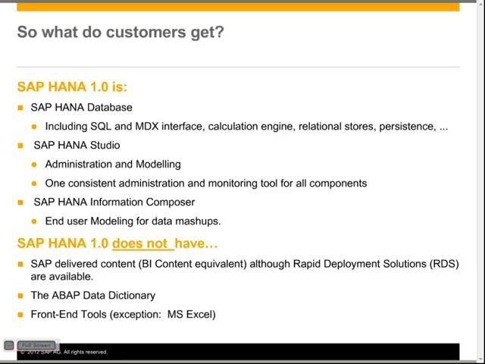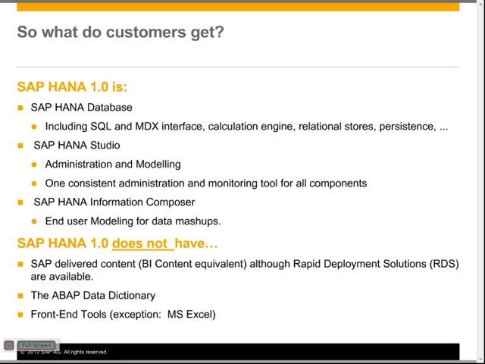So what does it not have? Well, it doesn't have any content. It doesn't have any SAP delivered content, although rapid deployment solutions are available to populate it with content. It also doesn't have the ABAP data dictionary. It doesn't have front-end tools.